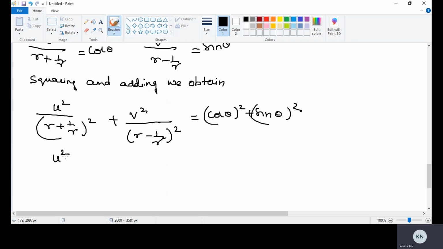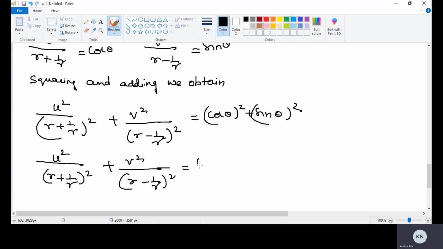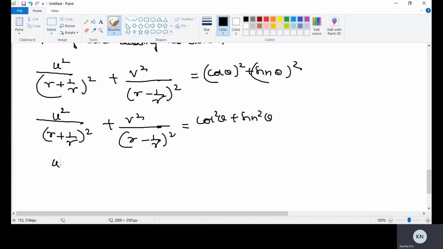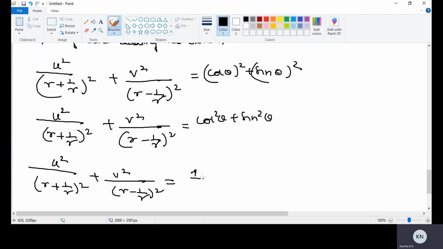Means U square by R plus 1 by R whole square plus V square by R minus 1 by R whole square is cos square theta plus sin square theta. Cos square theta plus sin square theta is 1 here.